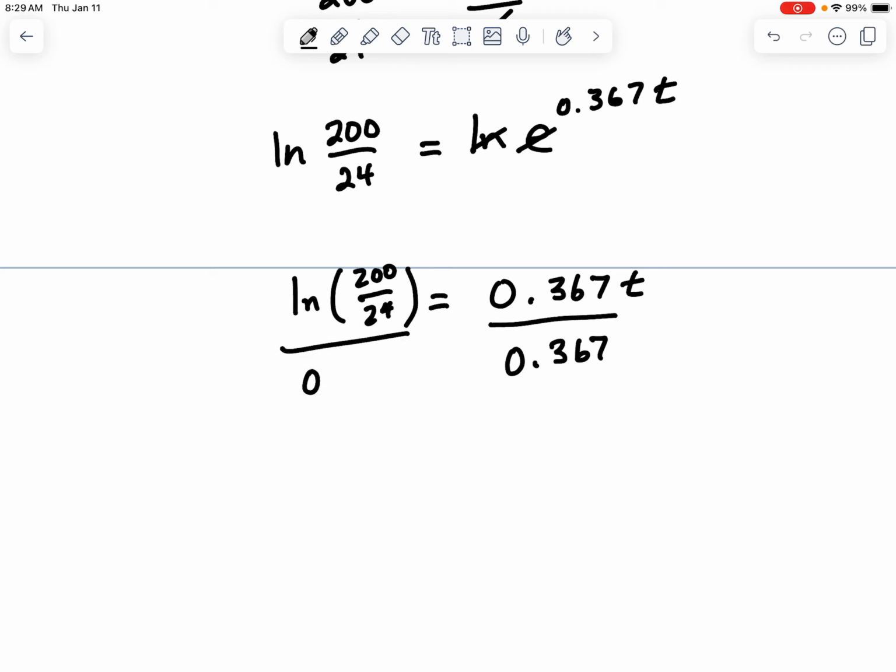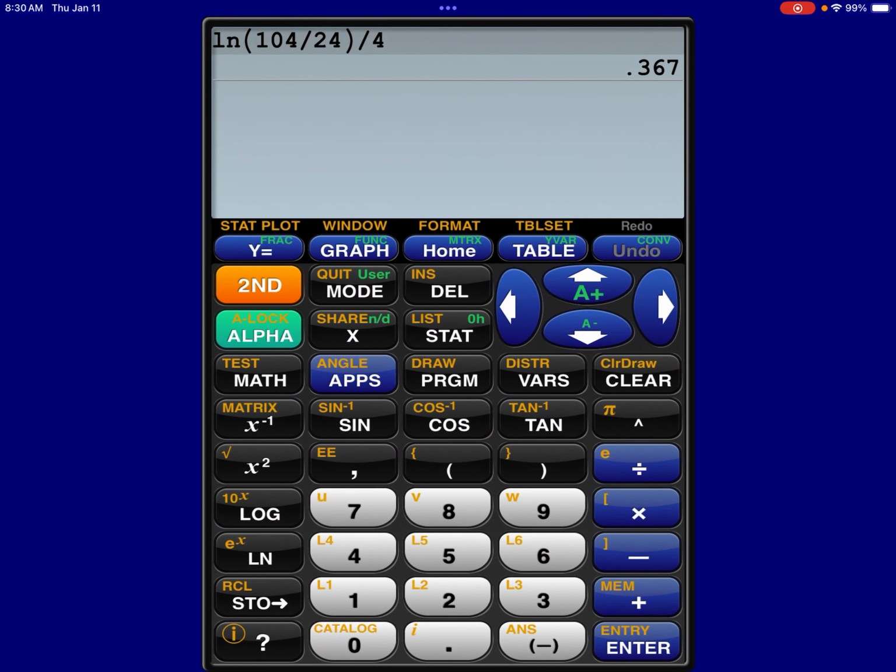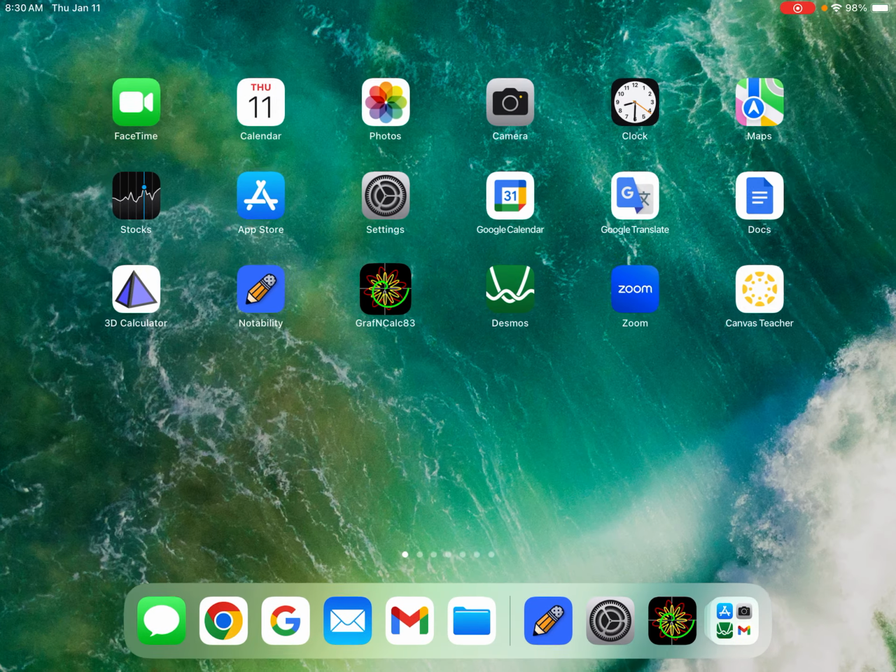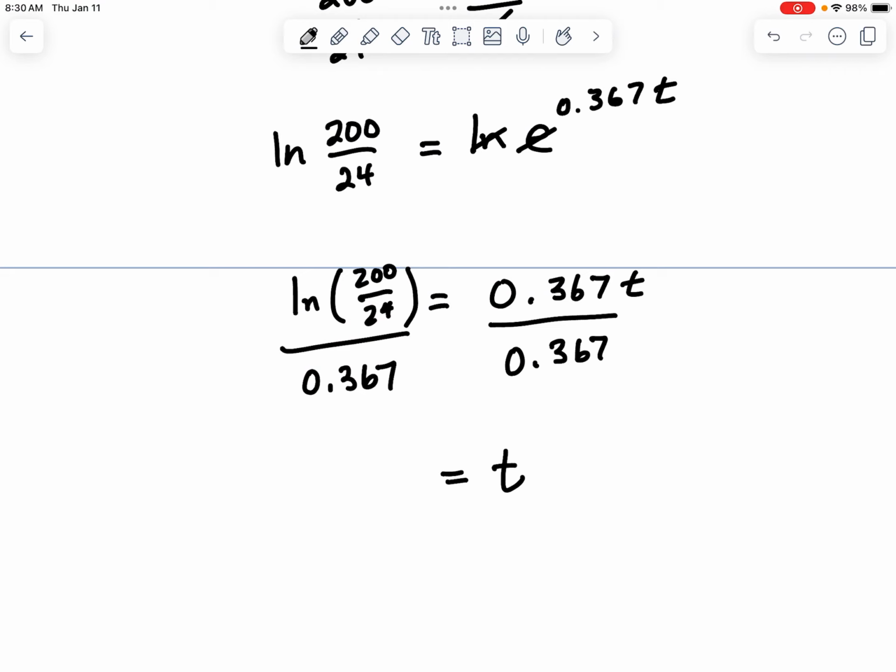And that is what T is going to equal. So hop on over to the calculator. And this time find out what is the natural log of 200 divided by the original 24 frogs, and then divide that by the 0.367. So that's an easy number to remember, 5.777. So T equals 5.777.